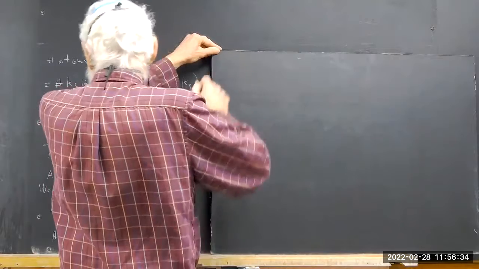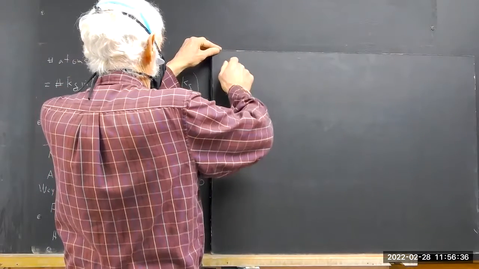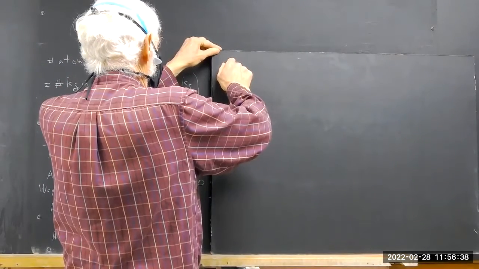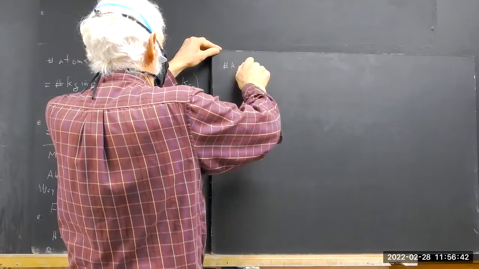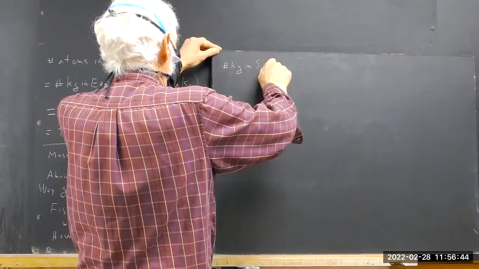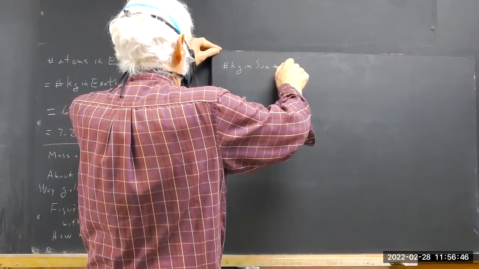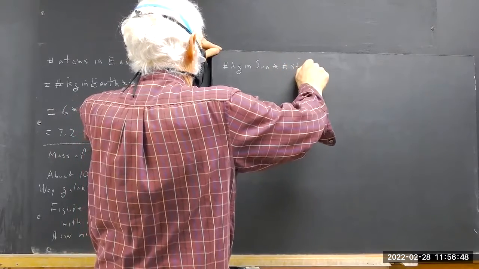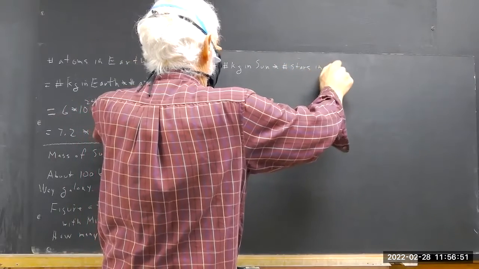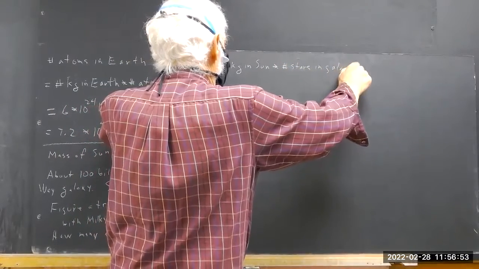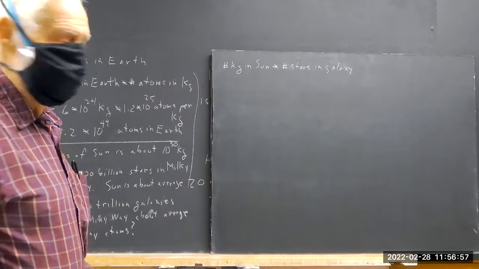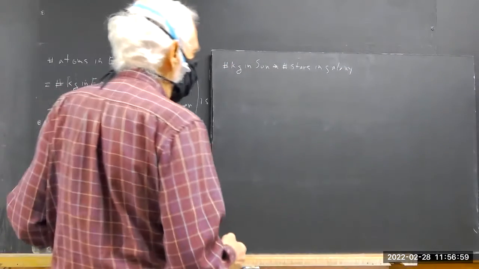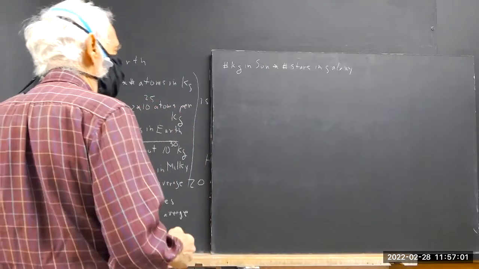Number of kilograms in the sun times the number of stars in the galaxy.